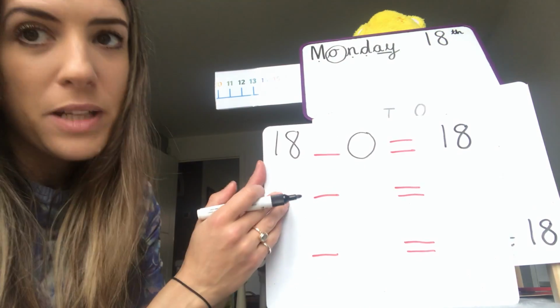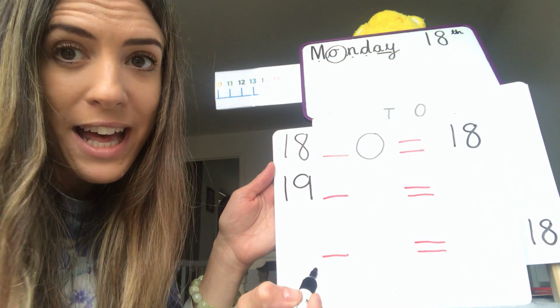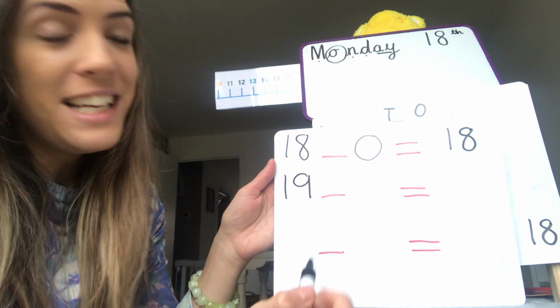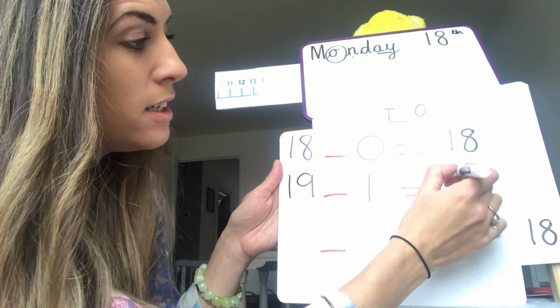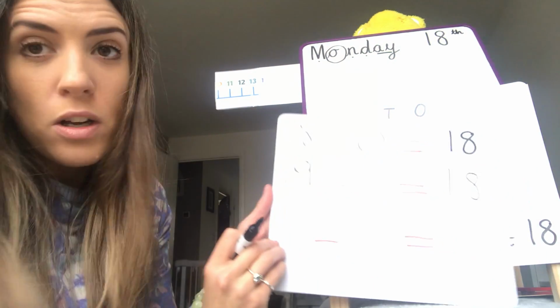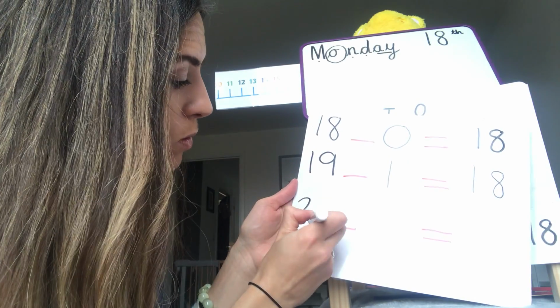That would work. How else could we do it? It's got to be a bigger number. That's right. So 19. Yeah, you could have 19. 19 take away 1 less than 19 is 18. So take away 1 is 18. Good. You might be thinking of a bigger one we could have. I'm going to go with 24.